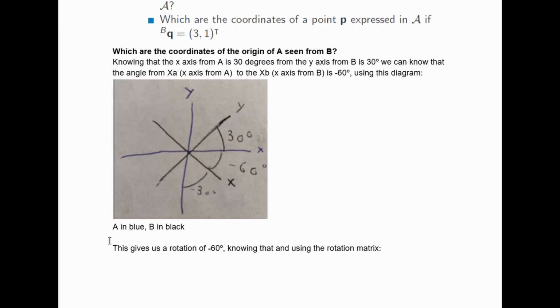From this, and this graphic, we can discover that the two x-axes have minus 60 degrees going from the x-axis from A to the x-axis of B.